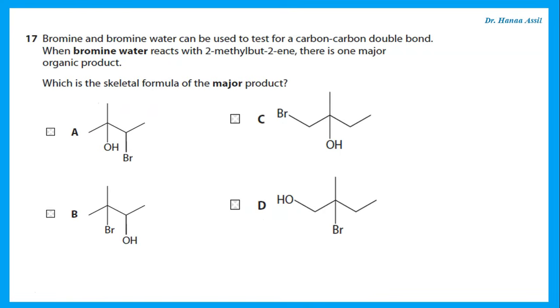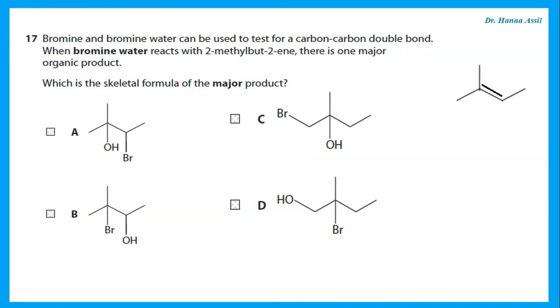Bromine and bromine water can be used to test for a carbon-carbon double bond. Now, when bromine water reacts with 2-methyl-butene, now what is 2-methyl-butene? This is 2-methyl-butene. So we're reacting this with bromine water.